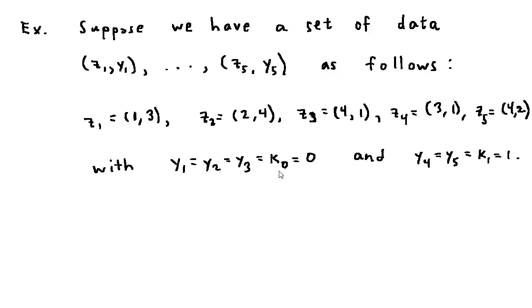Okay, so the first 3 points are of class 0. And y4 equals y5 equals k1, which is 1. So the last 2 points are of class 1.